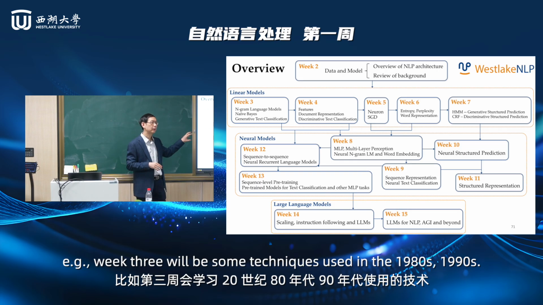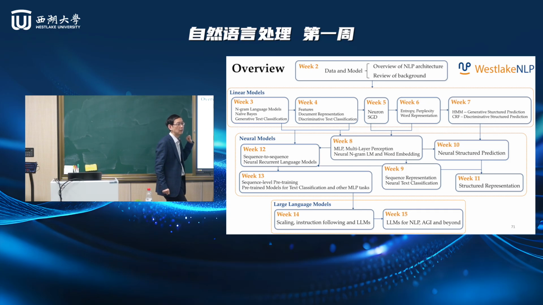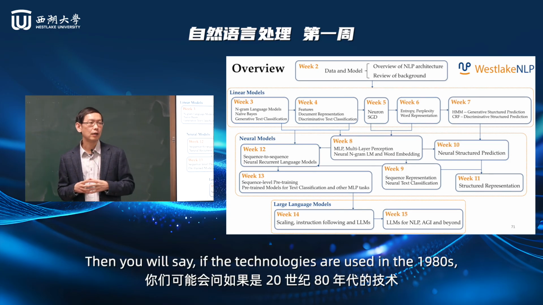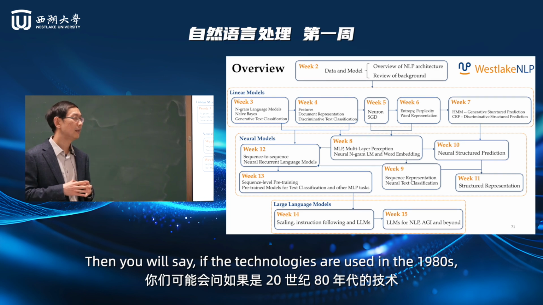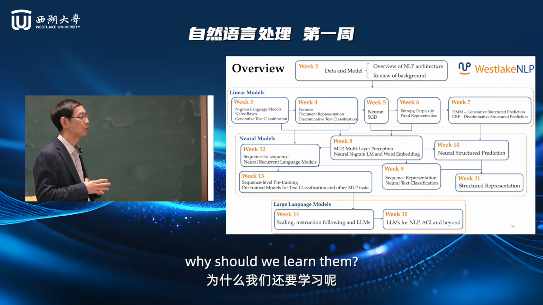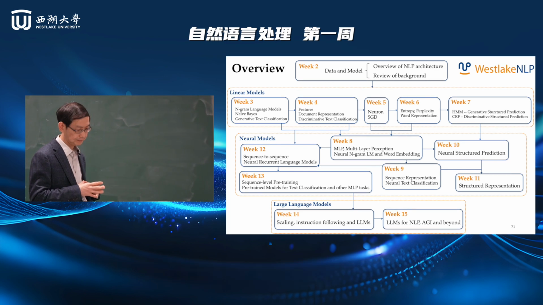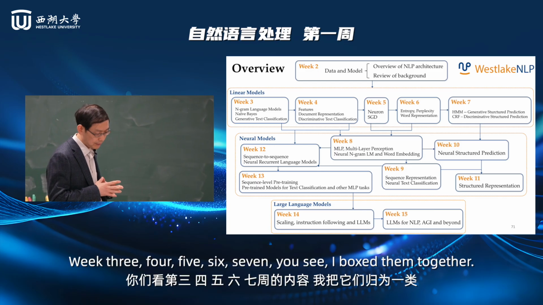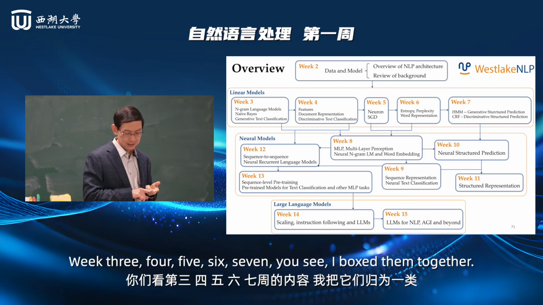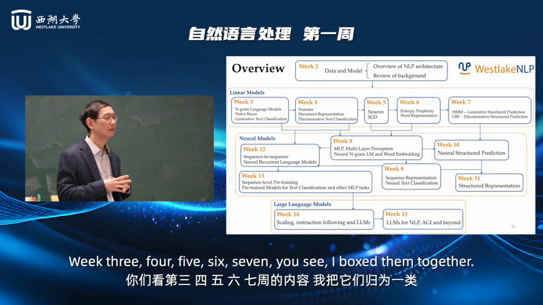For example, week 3 will be some techniques used in the 1980s and 1990s. Then you will say, if the technologies were used in the 1980s, why should we learn them?